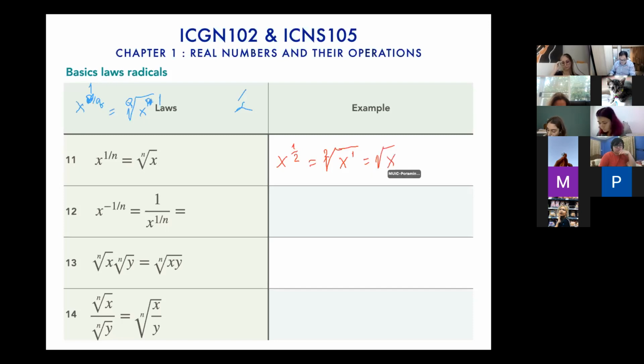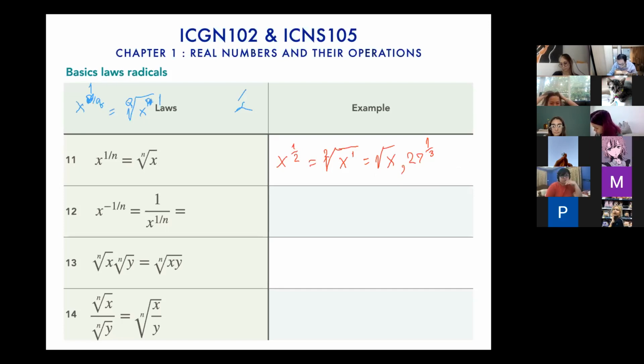Can someone find for me, if you have 27 to the power of 1 over 3, what do we get? 3, that's correct. So we get the cube root of 27, and inside we can have the cube root of 3 cubed. Then we get 3 to the 3 over 3, and 3 is the answer.